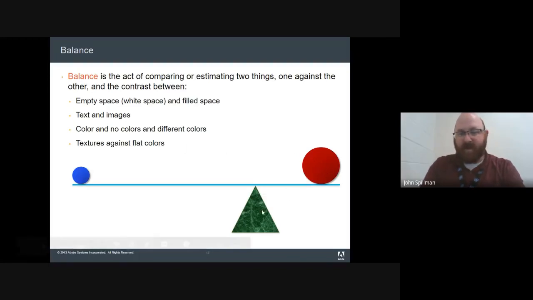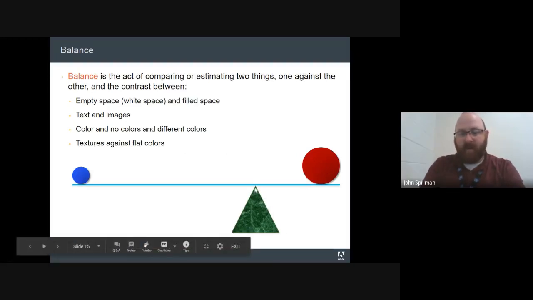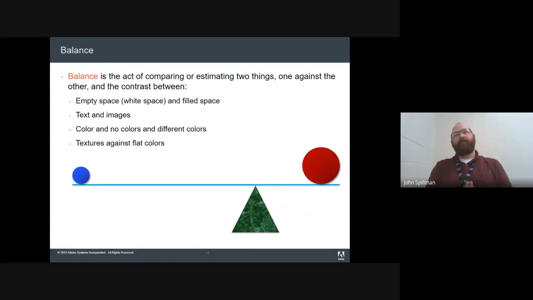If you look at this example here, we got the fulcrum right here, and this is something to consider too. Balance does not mean that an image has to match perfectly when you divide it into sectors or sections, all right?